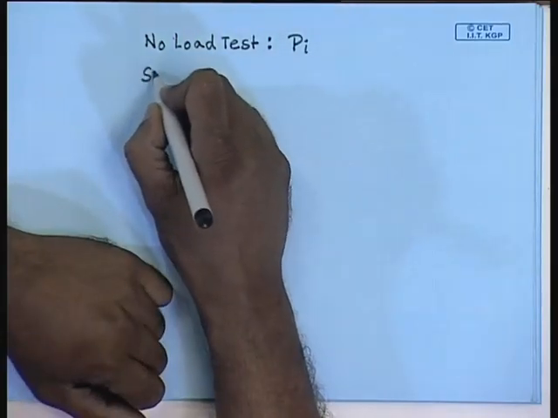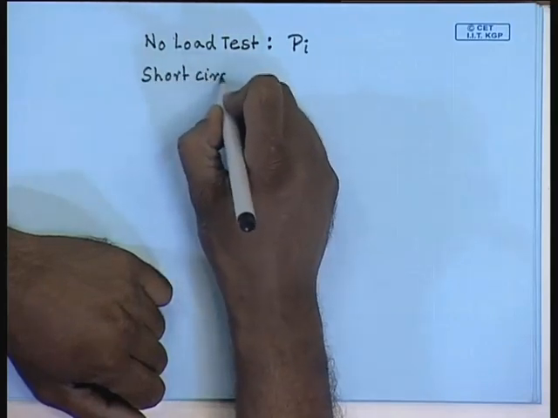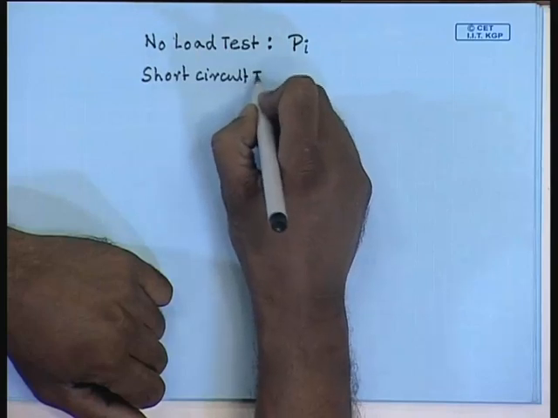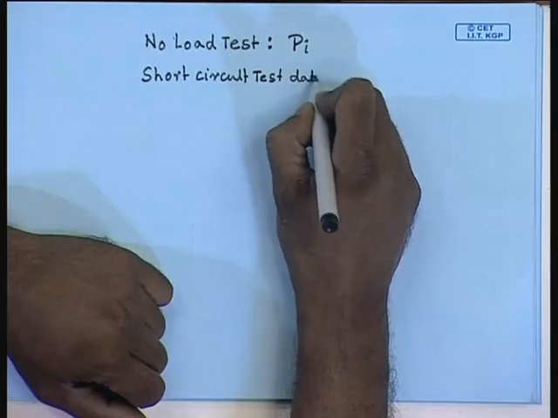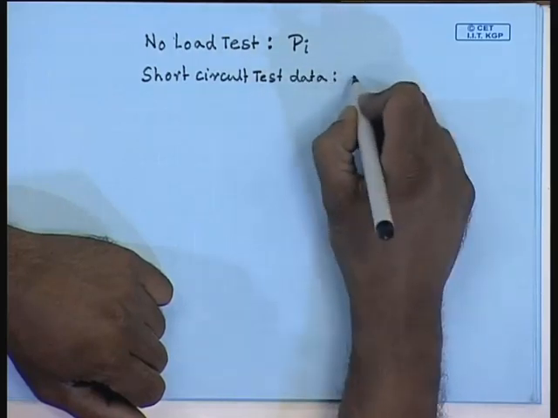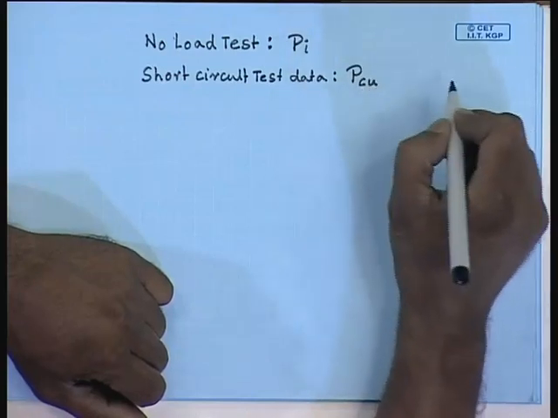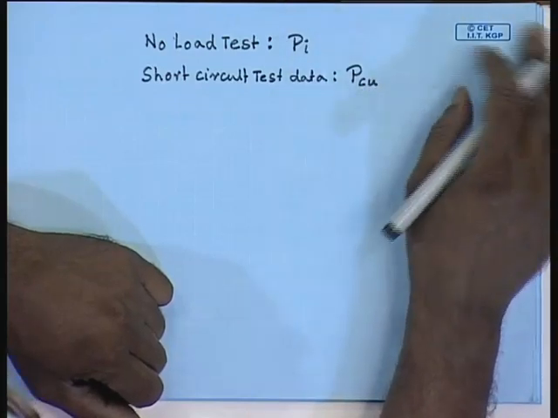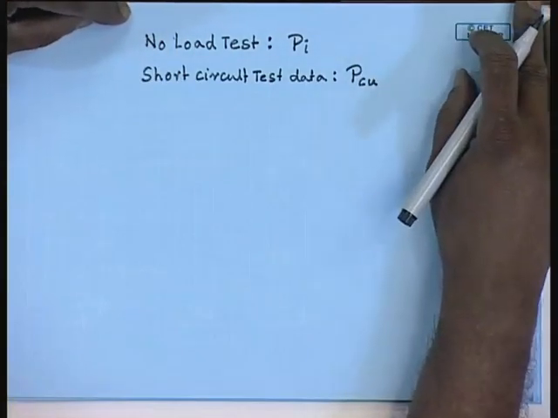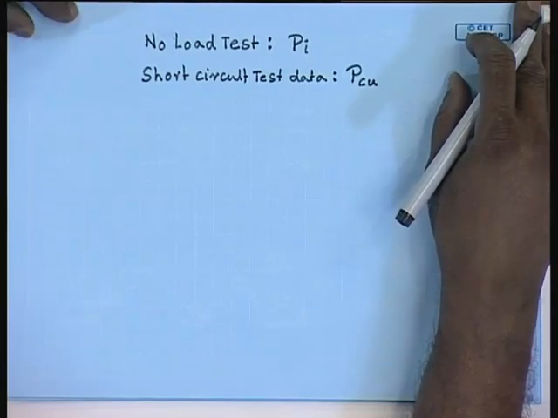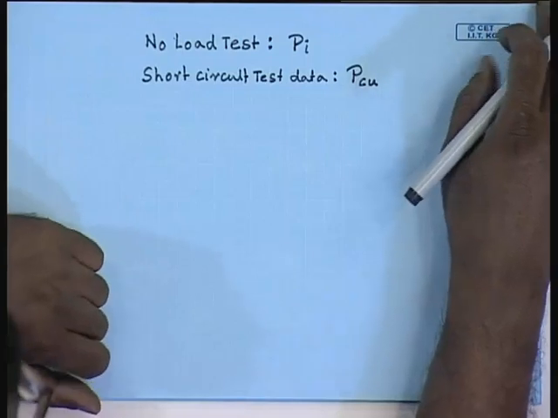From the short circuit test data, we get the reading to be PCU. Then from these data we can find out the load at which the transformer efficiency will be maximum.